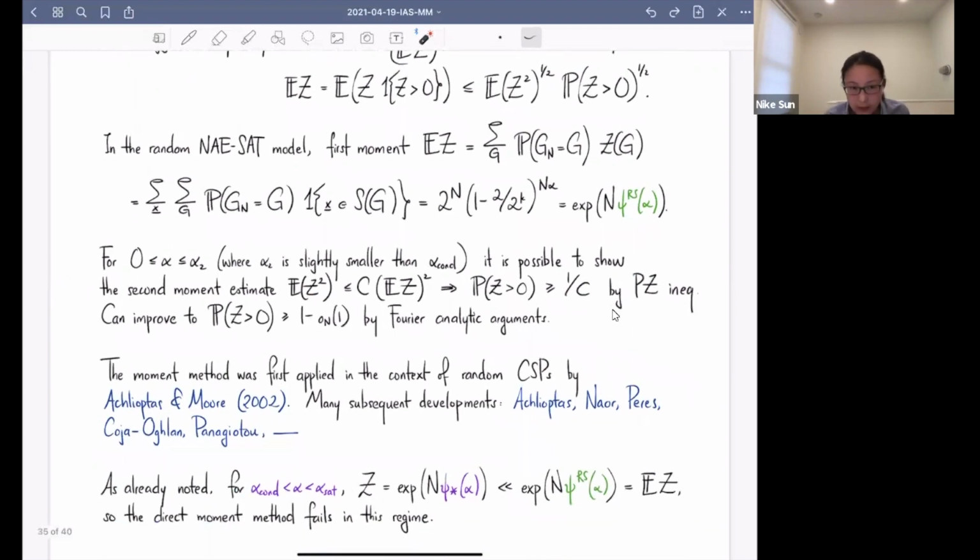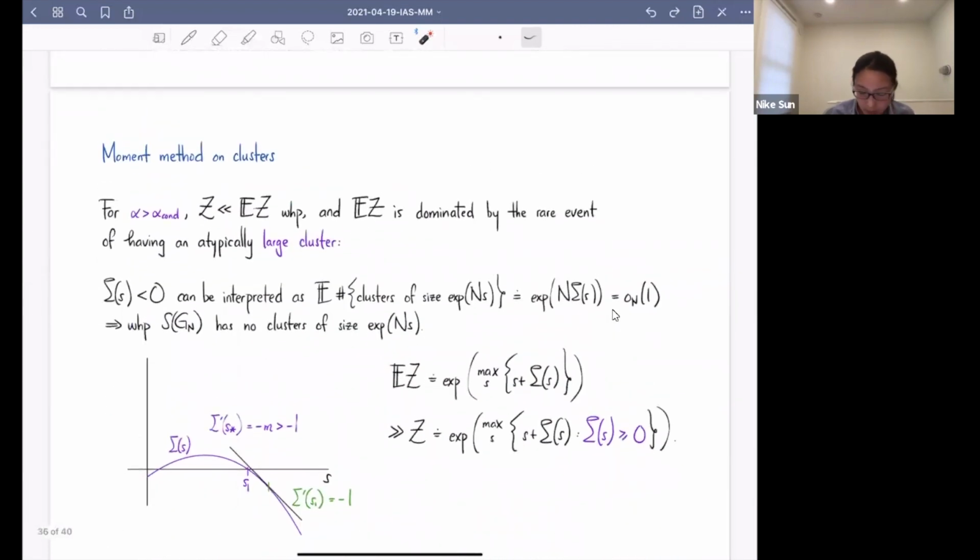But as I already noted, for alpha larger than alpha_con, the correct number of solutions should be much smaller than the replica symmetric value, so it's much smaller than the expected number of solutions. This indicates that the direct moment method is going to fail in this regime.